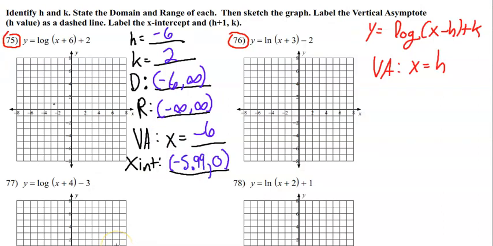So almost -6. So we'll go ahead and plot a point right here. And then we'll plot the point h plus 1, comma k, which is -5, comma 2. And then we want to write our vertical asymptote, which is x equals -6.